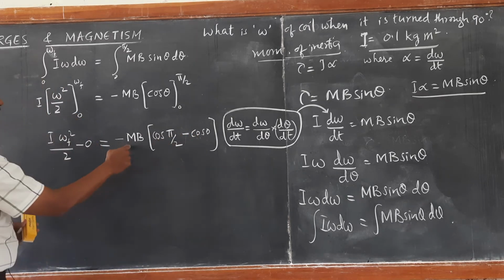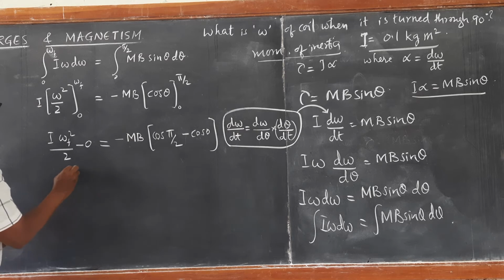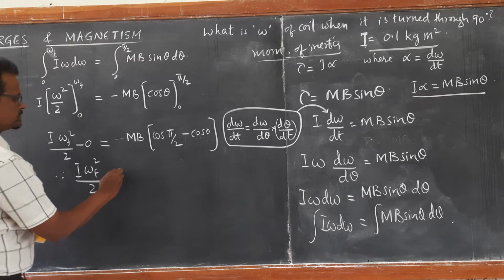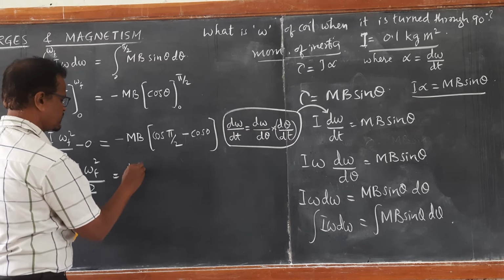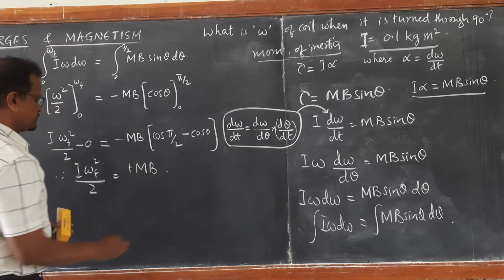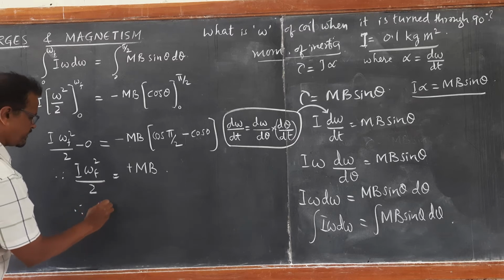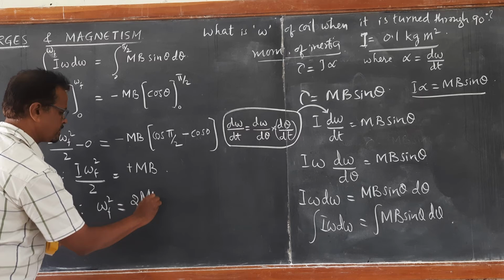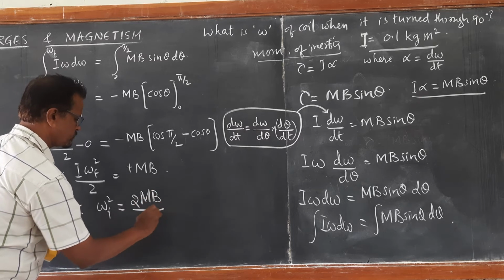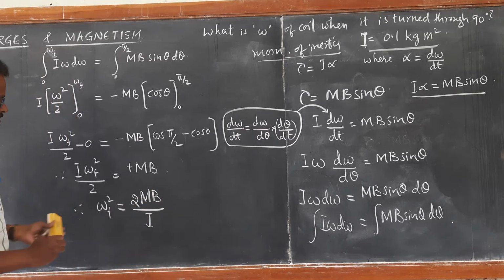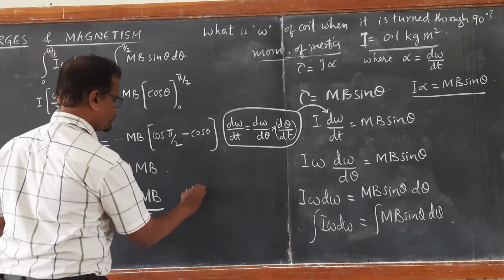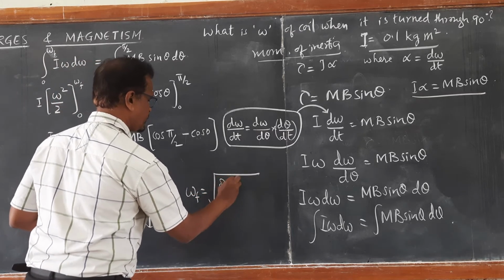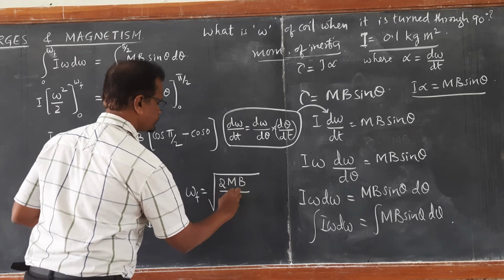So minus of minus becomes plus. Therefore, I omega f square by 2 equals mB, so omega f square is equal to 2 mB by I. Thus finally we get omega f as square root of 2 mB upon I.